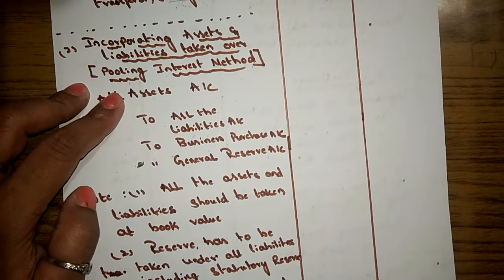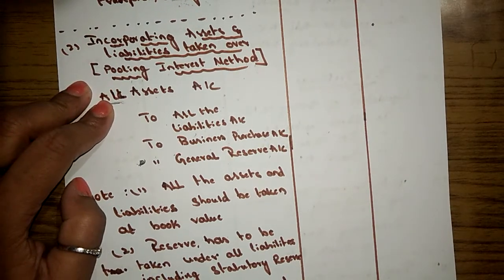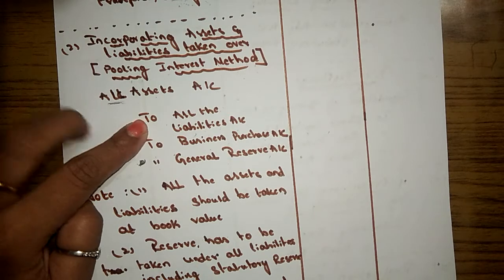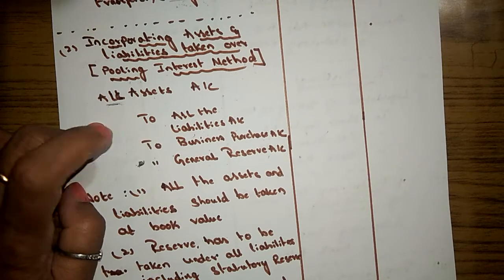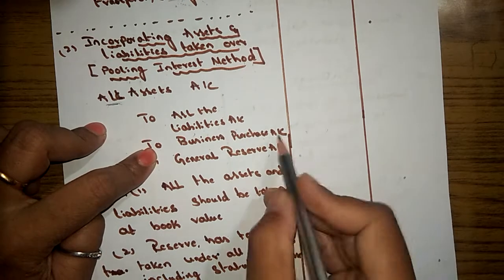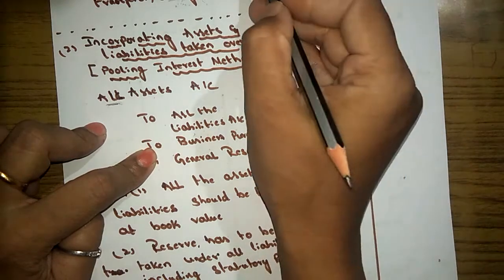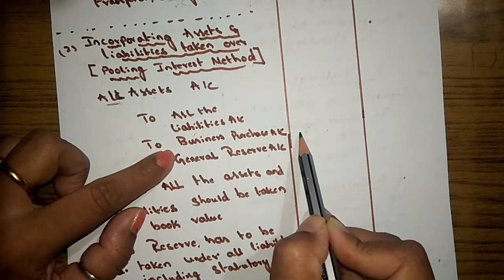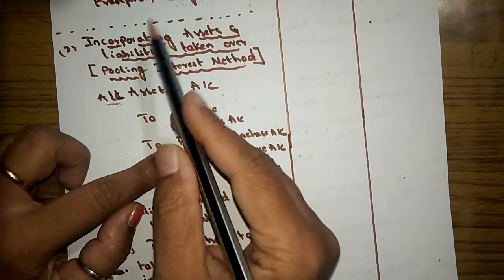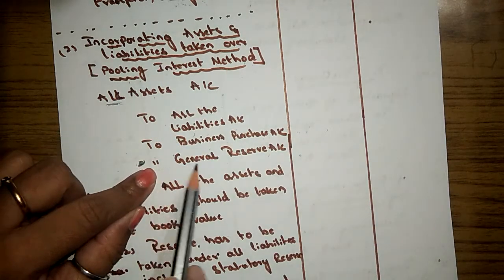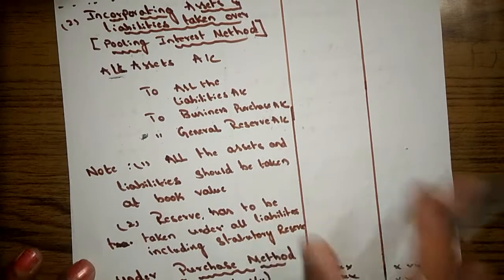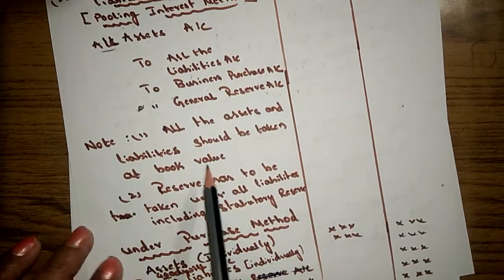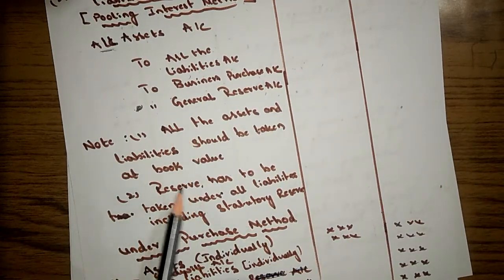So all the assets including cash, to all the liabilities including reserves, to business purchase, with an amount of purchase consideration which the purchasing company is going to pay to selling company. This is general reserve. I have made two notes. All assets and liabilities should be taken at book value.